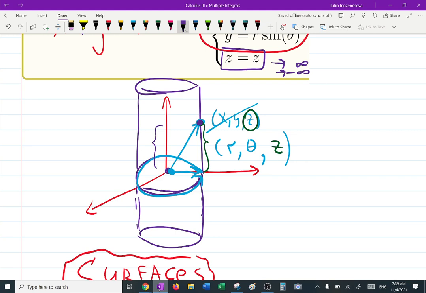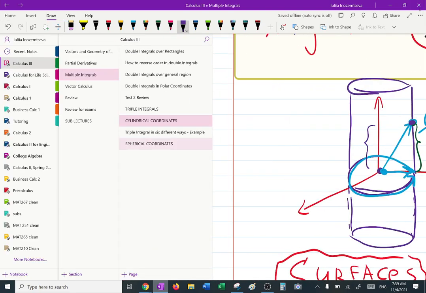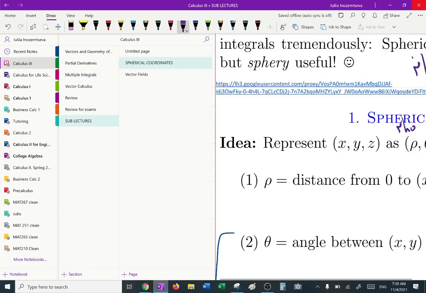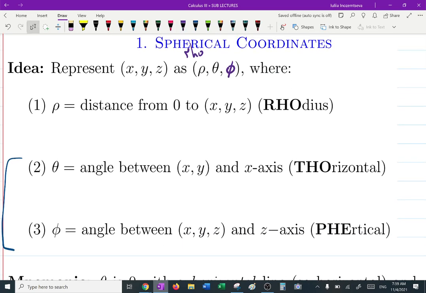So the last coordinate was height. Then on the floor it would rotate by theta from 0 to 2 pi, and the radius was on the floor. That is not a convenient way to describe rotational processes, and engineering is full of rotational processes. So spherical coordinates are actually more useful.